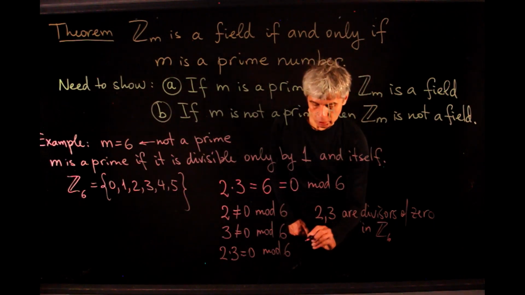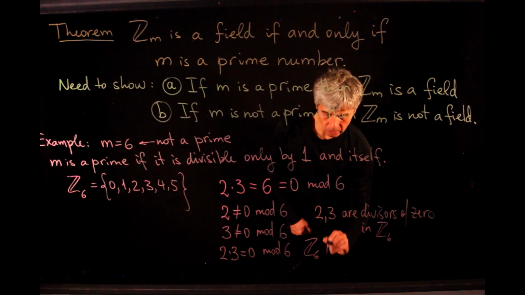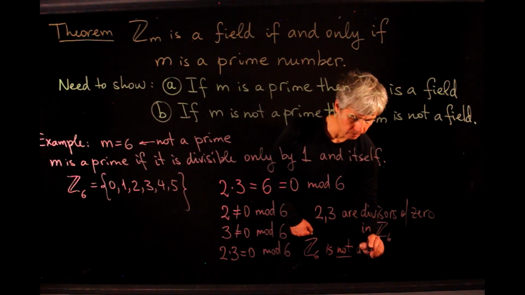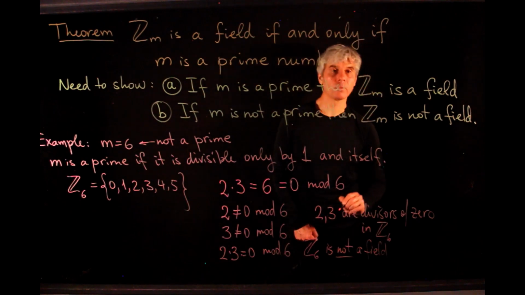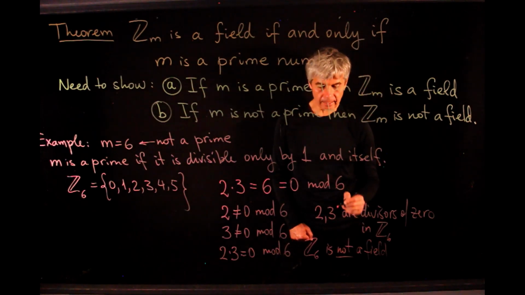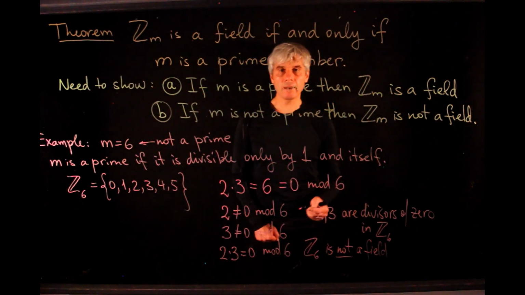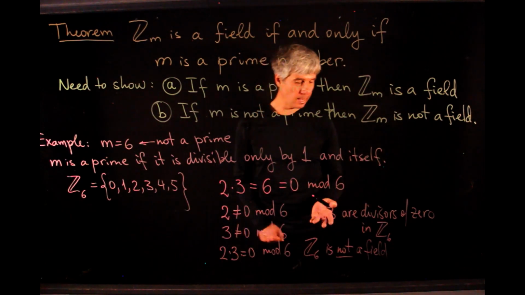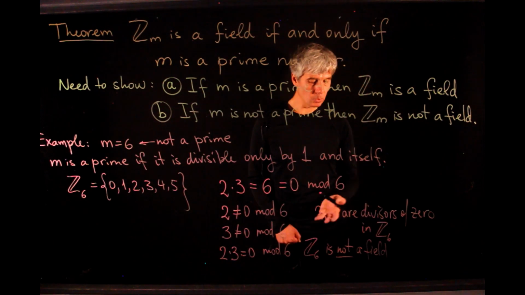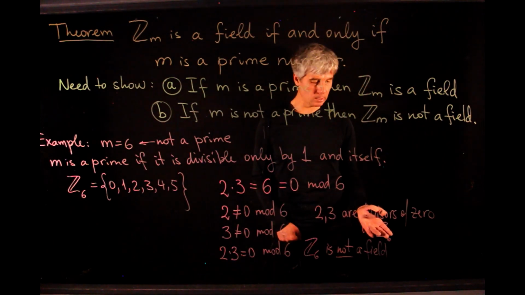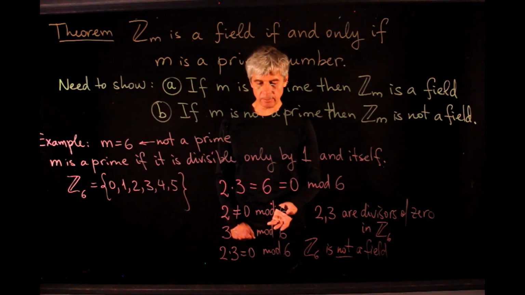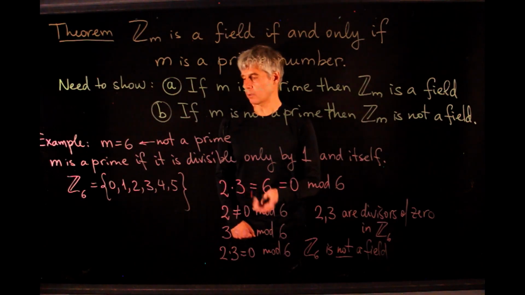And the conclusion is that Z6 is not a field, because we have our mantra that says that any field cannot have divisors of 0. And the fact that 2 and 3 are divisors of 0 in Z6 indicates that Z6 is not a field.